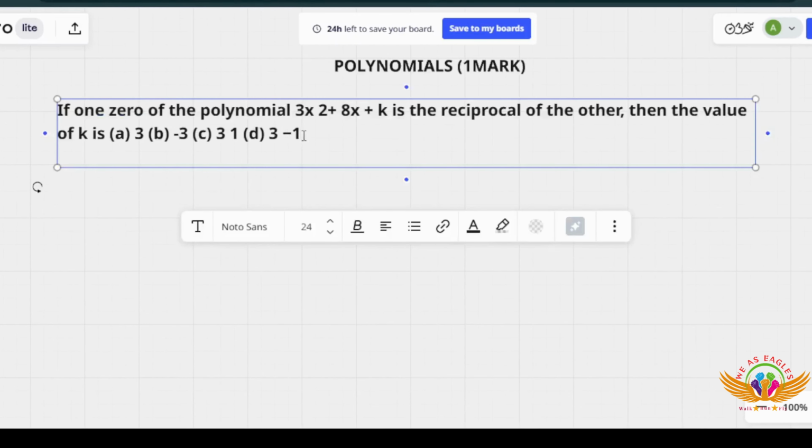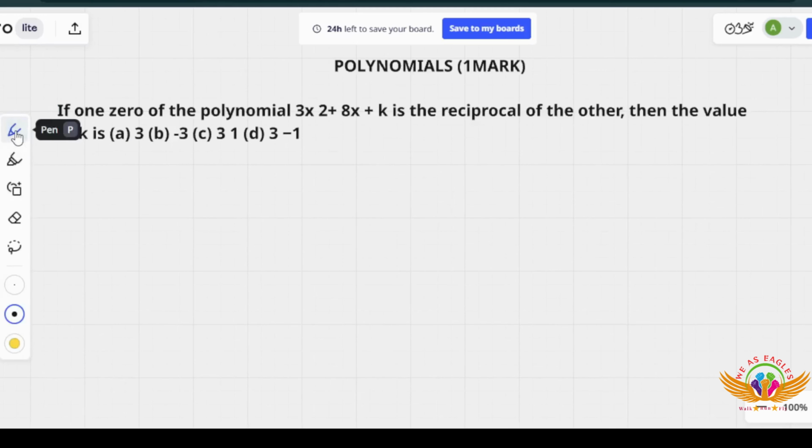If you observe the question, polynomials are completely related to the values of x.